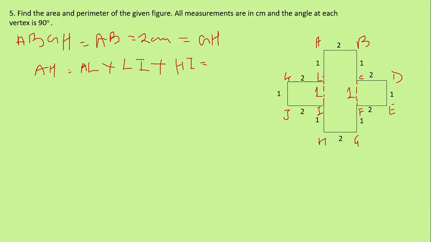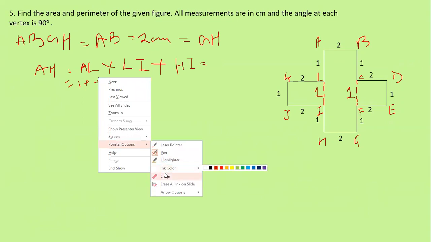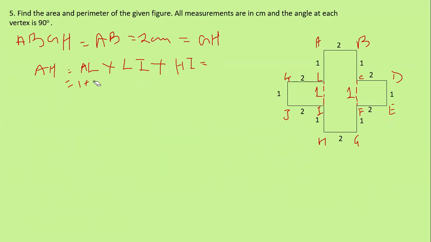AL plus LI plus HI, ठीक है। तो both are 1, 1, 1, right, it is equals to 1 plus 1 plus 1, which will be equals to 3 centimeter, right?